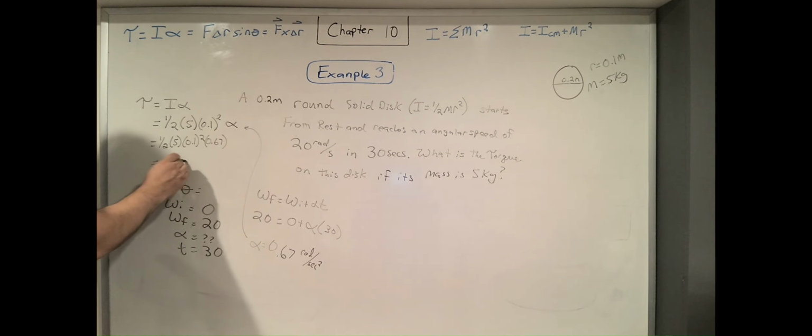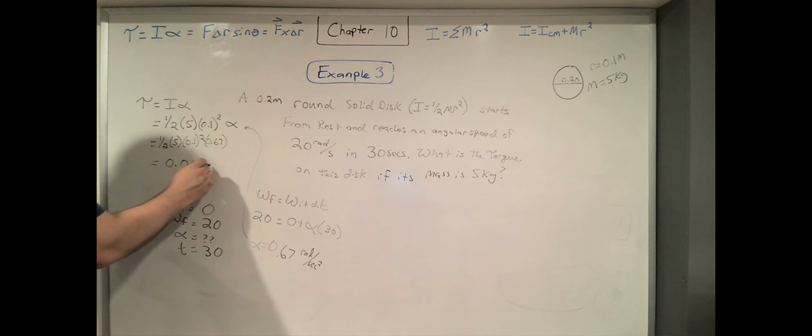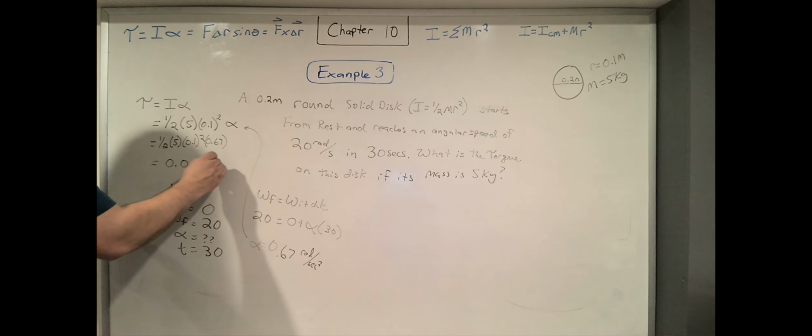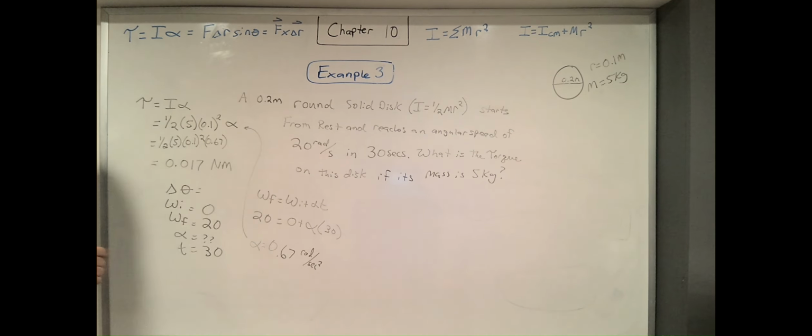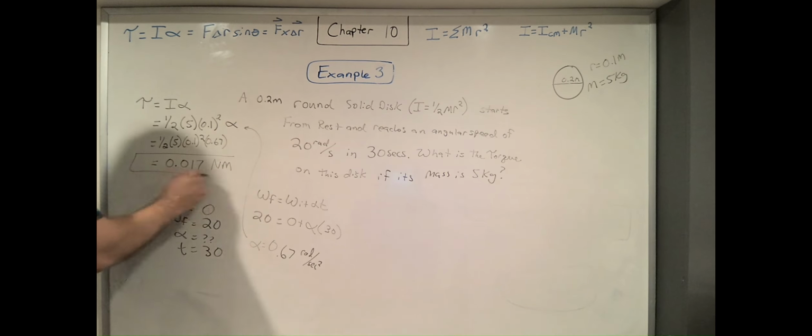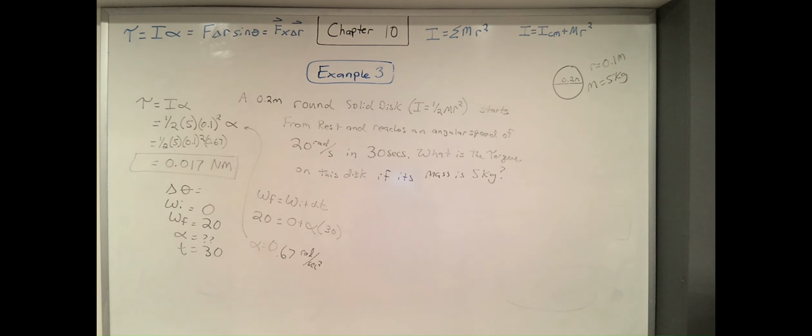We get 0.017. And then torque again, Newton, meter, if we want to do it that way, that's just fine. There would be our torque for our potter's wheel. Okay, so I'm hoping that makes okay sense. Just plugging everything in, using kinematics to find torque.